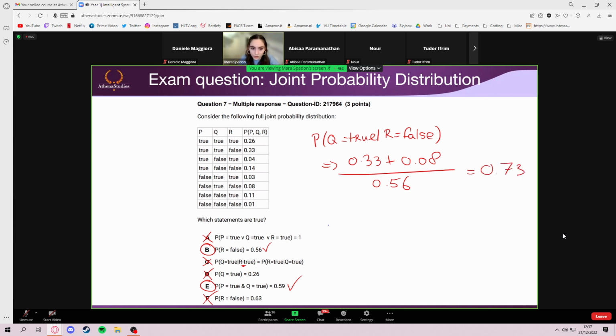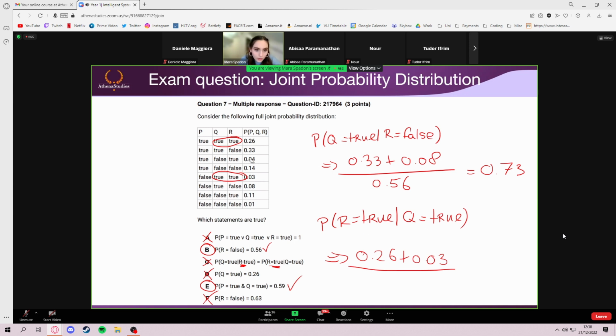And then indeed we can try the same thing for R is true given Q is true. Also, the fact that here it's R is false and there it is R is true already makes it not really the same. Let's see. R is true and Q is true. This one, that one. So we have 0.26 plus 0.03 divided by Q is true.